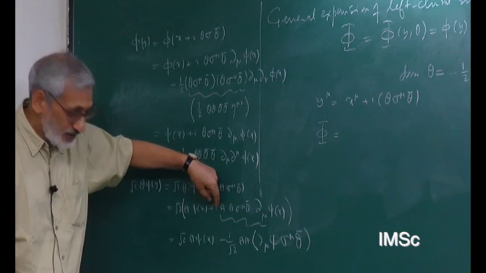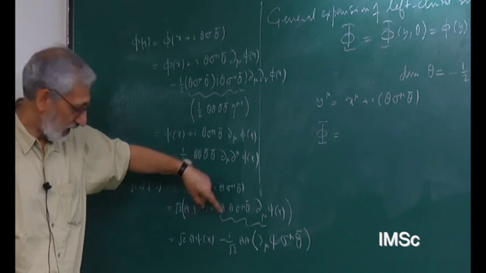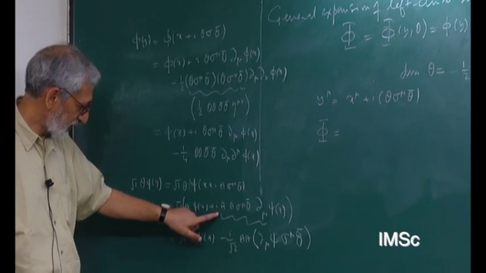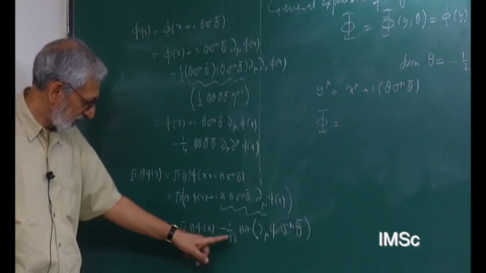We rearrange the thetas using various identities that we have done. You will get a factor of 1 minus half here.